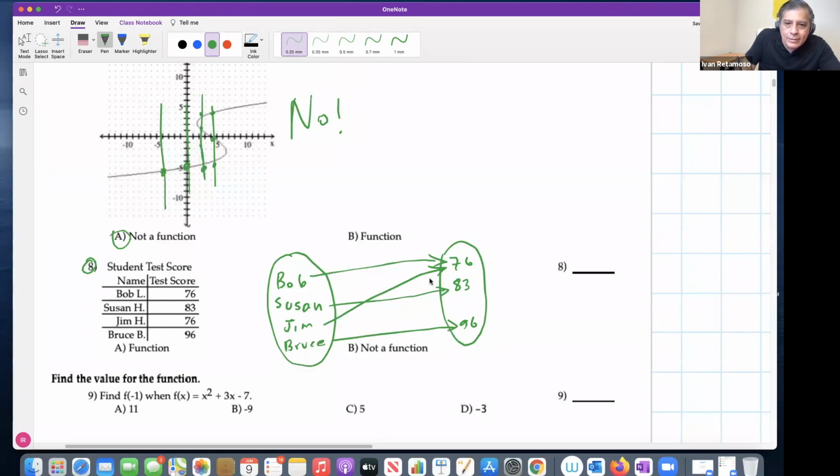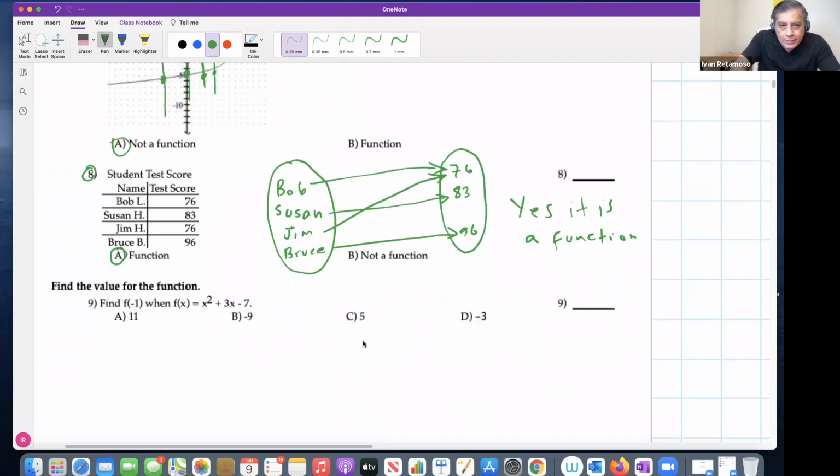You see, however, that an output value is shared, but that's okay. You can share output values, but what you cannot share are input values. Think of this being time: at a given time, you cannot be at two different places. So this is okay, yes, it's a function.